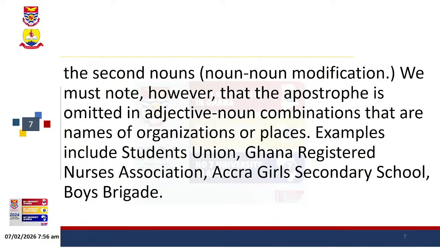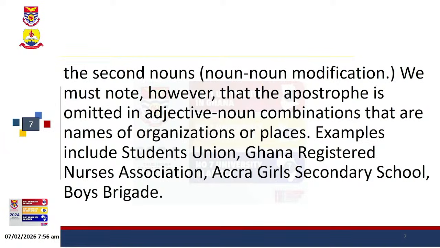In the second noun, there is now modification, as we have seen, and we must note that the apostrophe is omitted in adjective-noun combinations that are names of organizations or of places.